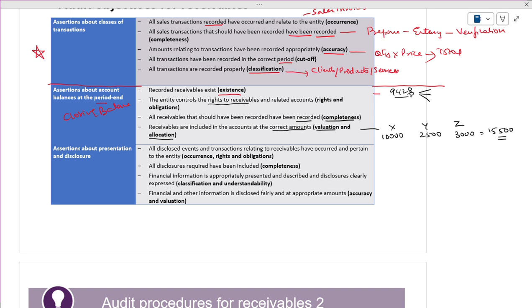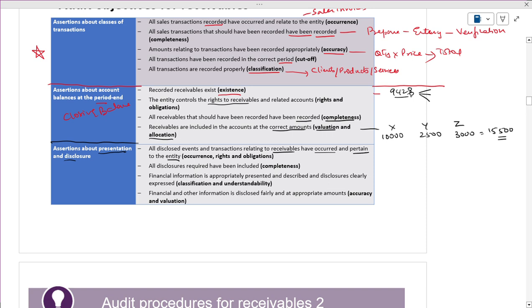This is the second one. What is the third one? We are talking in terms of presentation and disclosure. See, receivables are the ones where, if there is some mismanagement, definitely it will have repercussions. All disclosed events and transactions relating to receivables should have occurred and pertain to the entity.